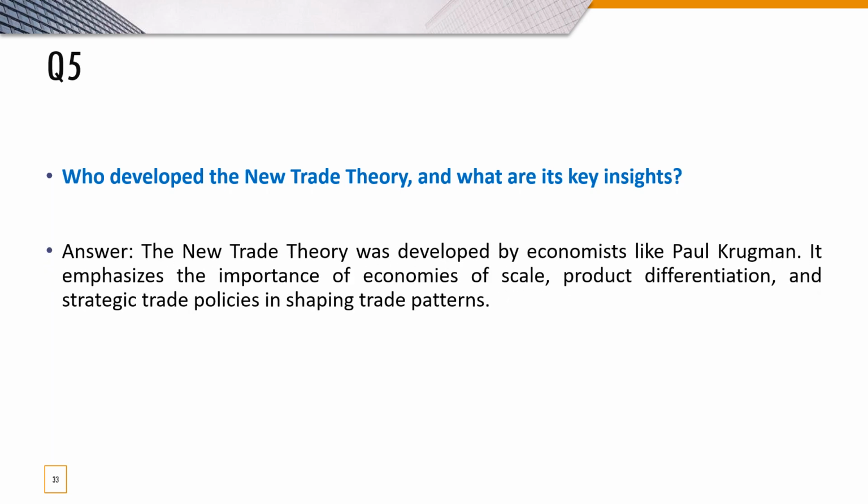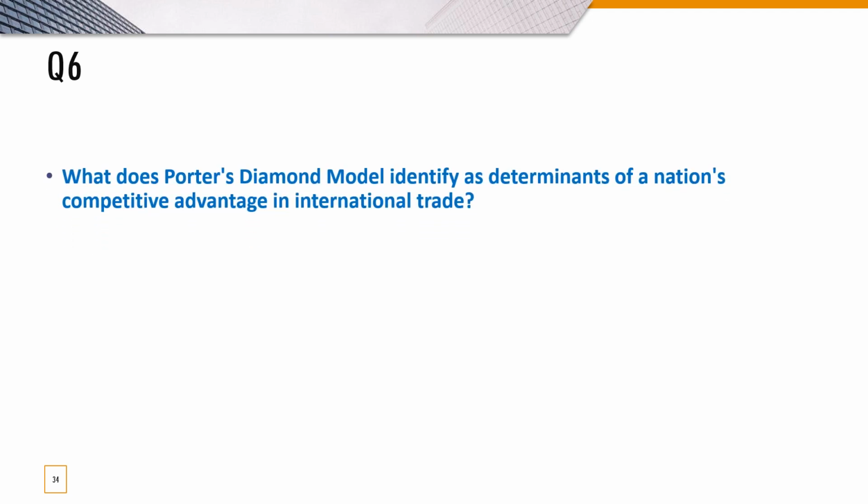Question 5. Who developed the new trade theory and what are its key insights? The new trade theory was developed by economists like Paul Krugman. It emphasizes the importance of economies of scale, product differentiation, and strategic trade policies in shaping trade patterns. Question 6. What does Porter's diamond model identify as determinants of a nation's competitive advantage in international trade?